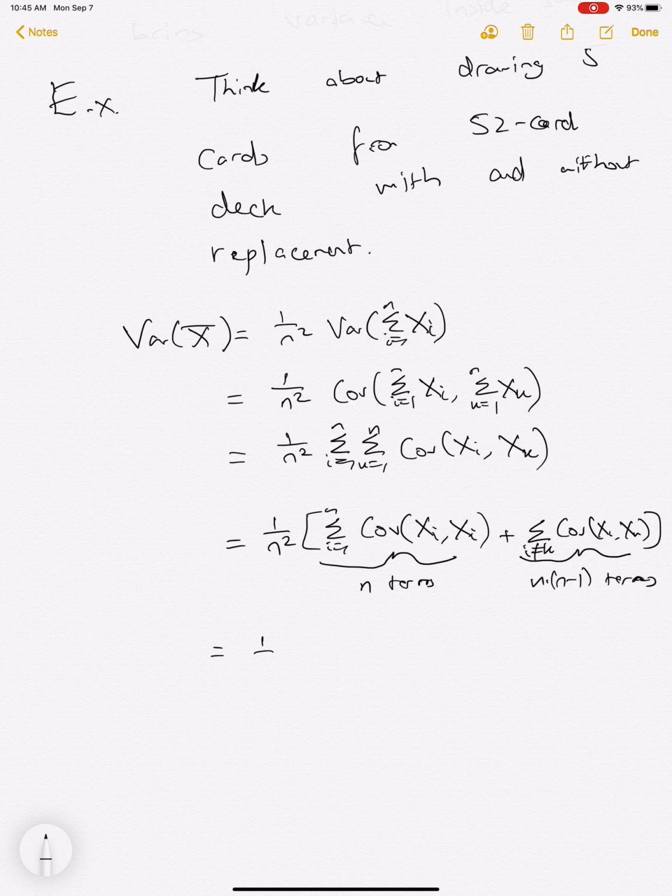We know that the covariance of something with itself is just the variance of Xi.